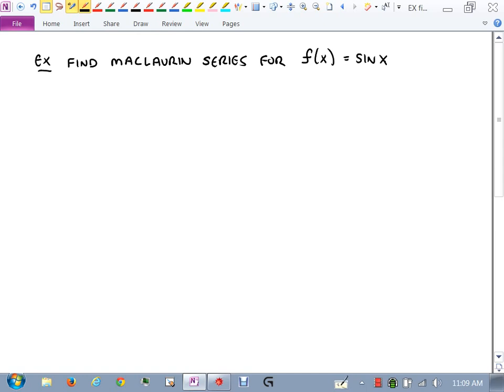So according to Taylor's theorem, Taylor's formula, we have that f of x can be rewritten as a series, sum n equals 0 to infinity, of the nth derivative of f evaluated where? In this case, at 0, because it's a Maclaurin series.